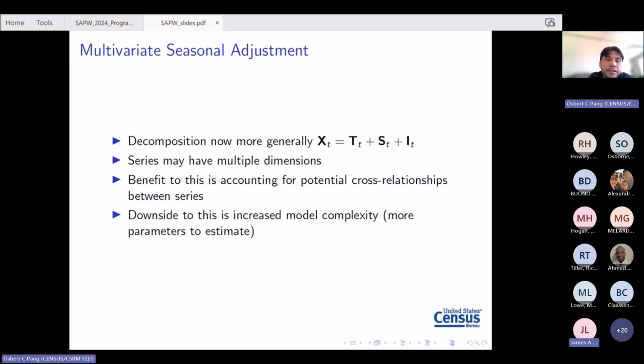The series may have multiple dimensions. A potential benefit to this is accounting for cross relationships between series. The obvious downside is that we increase the complexity of the resulting model, in the sense that we have more parameters to estimate as the dimensionality increases.